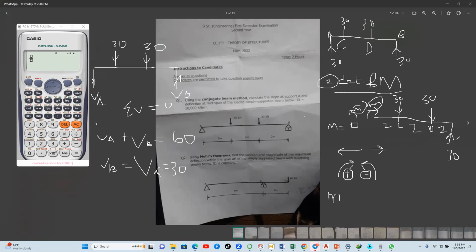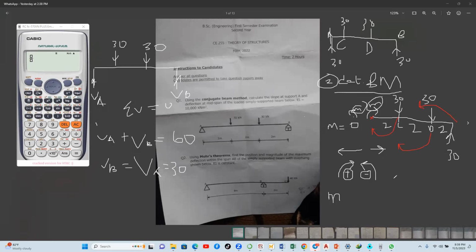Your M is positive, and this 30 kilonewton load is going to cause, we are taking the moment about this point. This 30 kilonewton load is going to cause like this. This 30 will cause like this. And this one too will cause like this, about here.